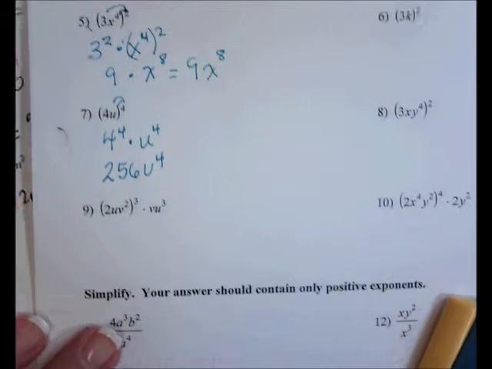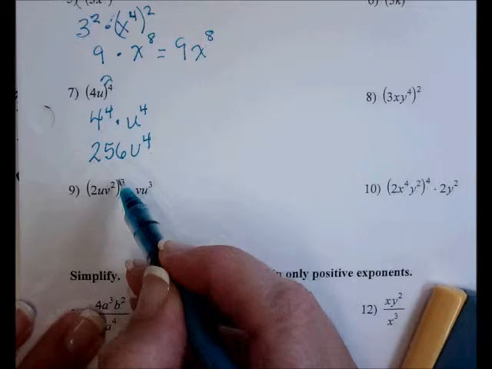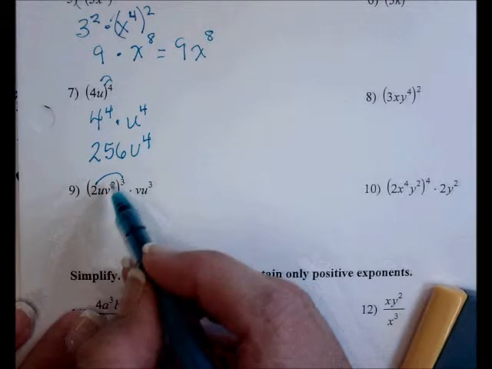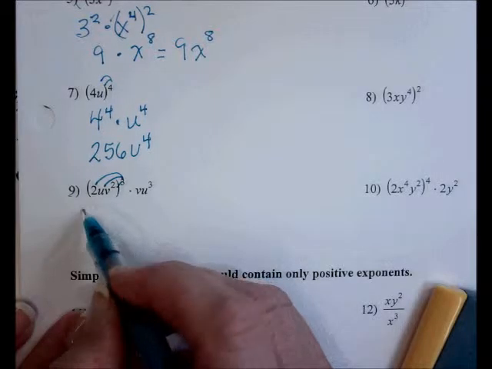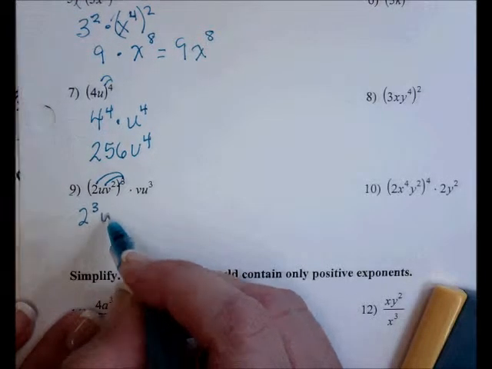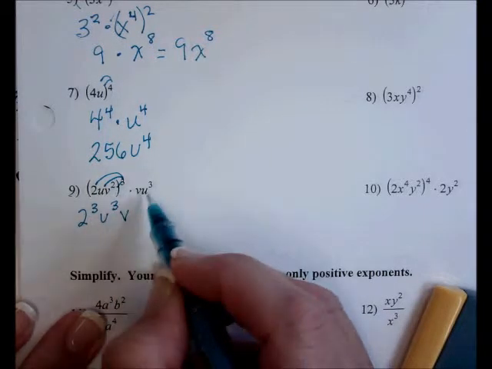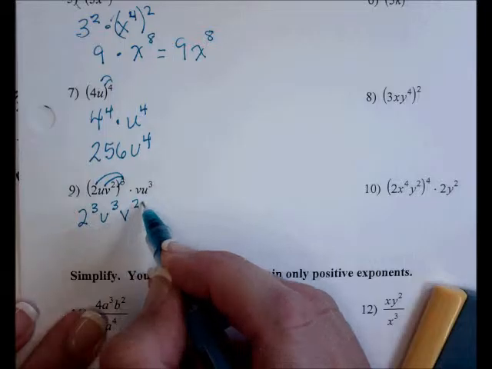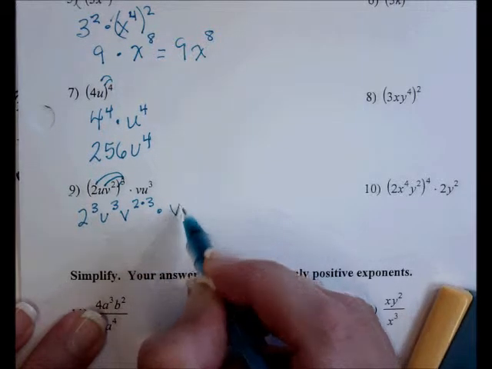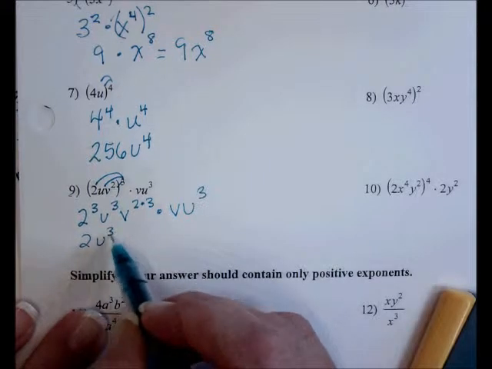Number 9, looking at this, I have a couple of things that I'm going to need to do. First, I'm going to distribute the power of 3 to each of the items inside the parentheses. So I have 2 to the 3rd, u to the 3rd, and then I have v squared to the 3rd, which is v to the 6th. So I'm going to simplify this even further.